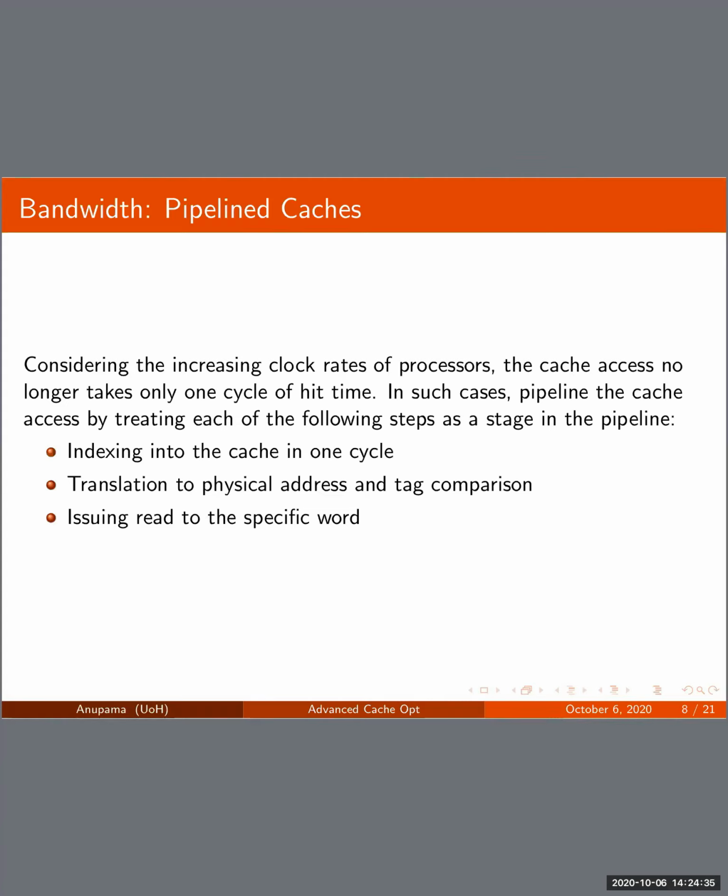In the third cycle, if there is a tag match, you go for accessing the specific word. So now instead of doing all of these things in one single cycle, which is what we have been assuming so far, we will be doing each of them in a different cycle. Even though now, if you look at it, one single instruction fetch from the cache takes 3 cycles.